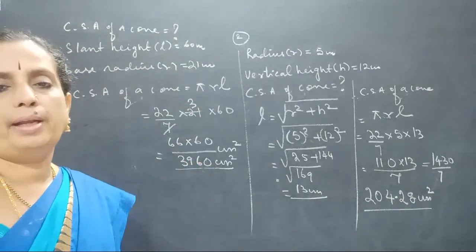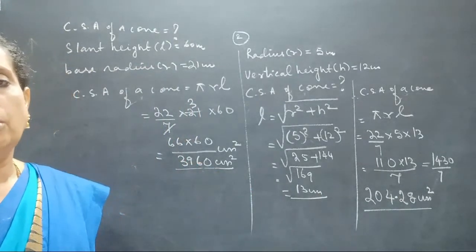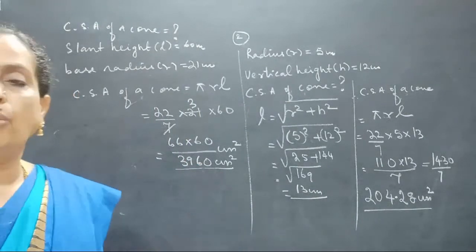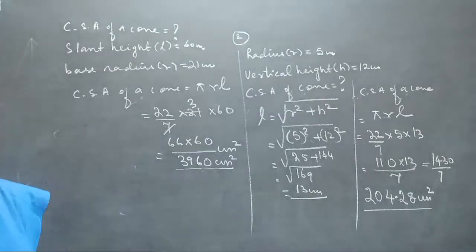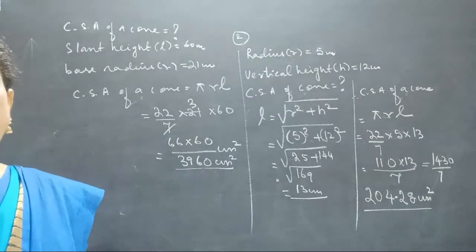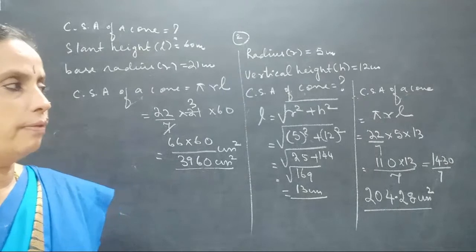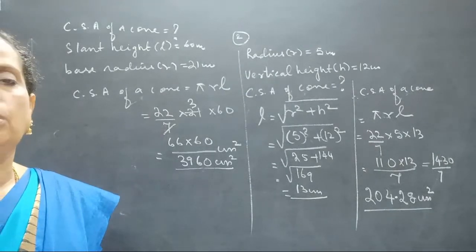Don't straight away take the answer from the board, because every student requires their own calculation. 204.28 centimeter square is the curved surface area of a cone.